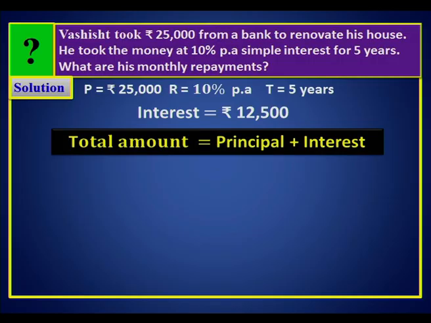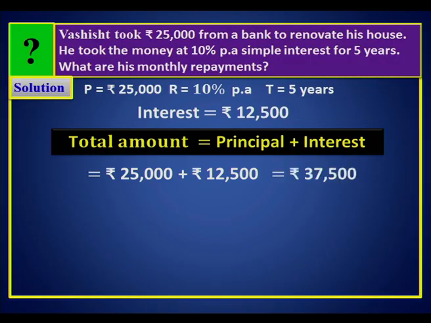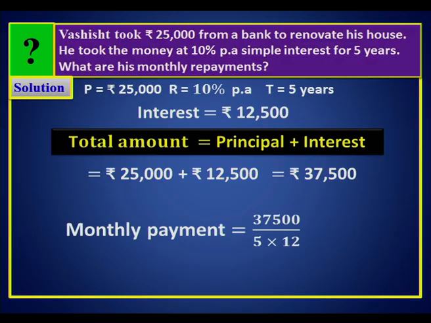So, the total amount to be paid is principal plus the interest, that is 25,000 plus 12,500. On adding this, you get 37,500. So, now Tsat has to pay 37,500, but in monthly installments. So, since there are 5 years, so 5 into, and in a year we have 12 months.